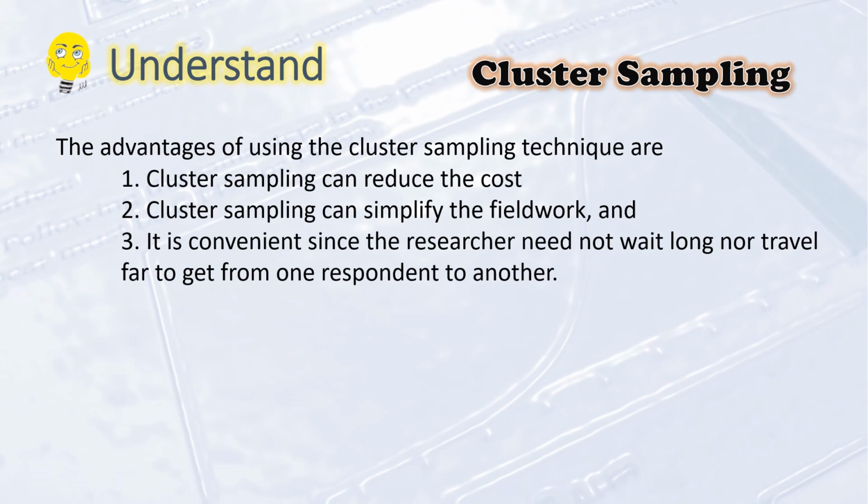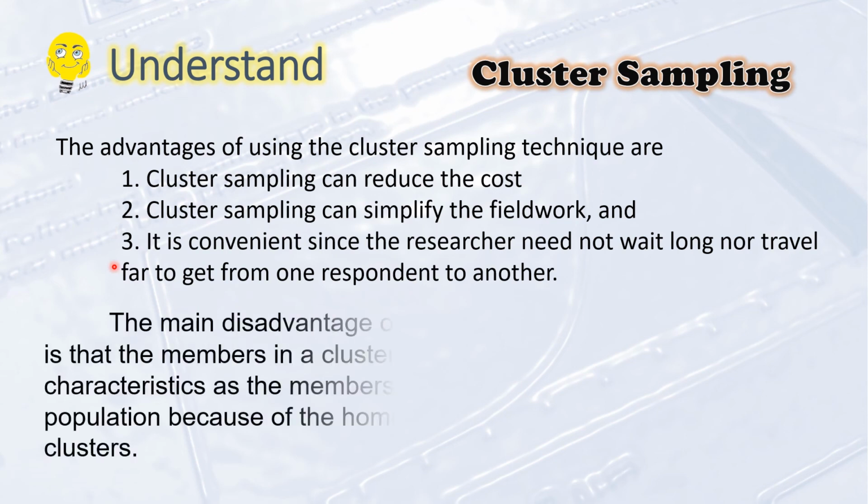The advantages of using the cluster or area sampling technique are: number 1, cluster sampling can reduce the cost. Number 2, cluster sampling can simplify the fieldwork, and it is convenient since the researcher need not wait long nor travel far to get from one respondent to another.